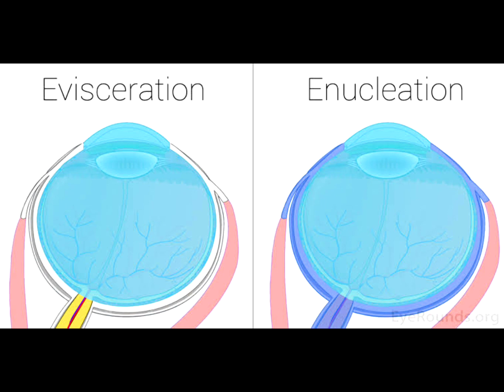Then comes inserting of an orbital implant. You put a PMMA implant, that is polymethyl methacrylate, or a hydroxyapatite implant, and the orbit is sutured, and the muscles are sutured basically. Then you have closure of the conjunctiva and the Tenon's capsule.